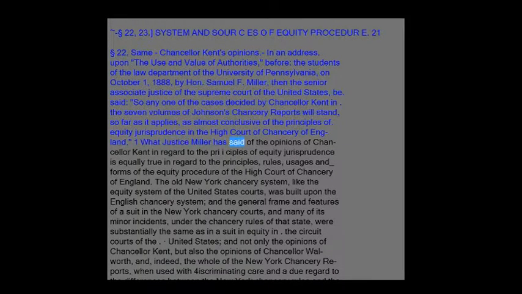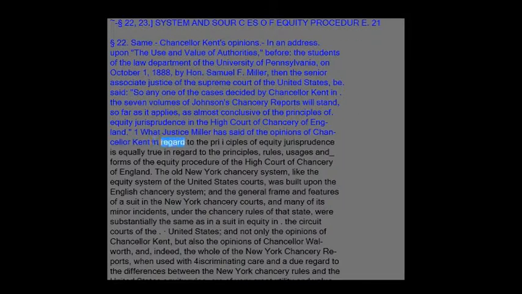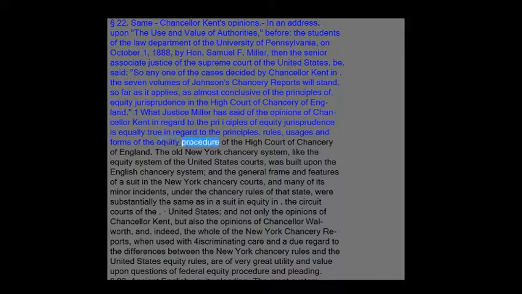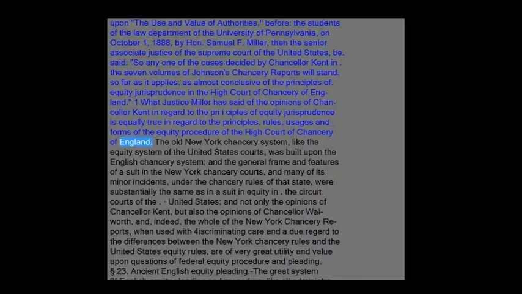What Justice Miller has said of the opinions of Chancellor Kent in regard to the principles of equity jurisprudence is equally true in regard to the principles, rules, usages, and forms of the equity procedure of the High Court of Chancery of England.